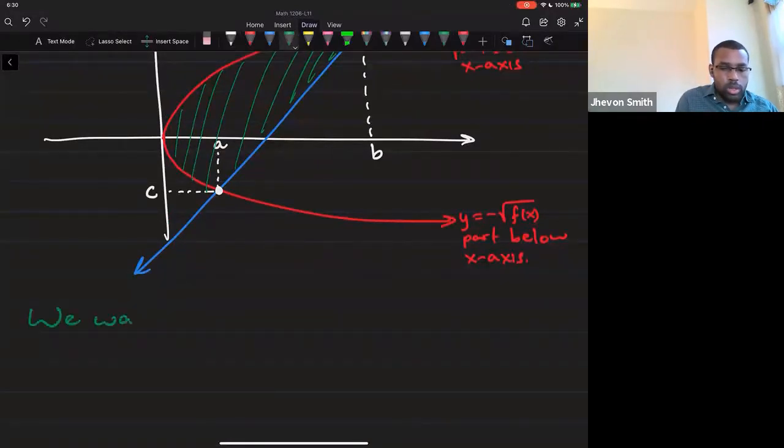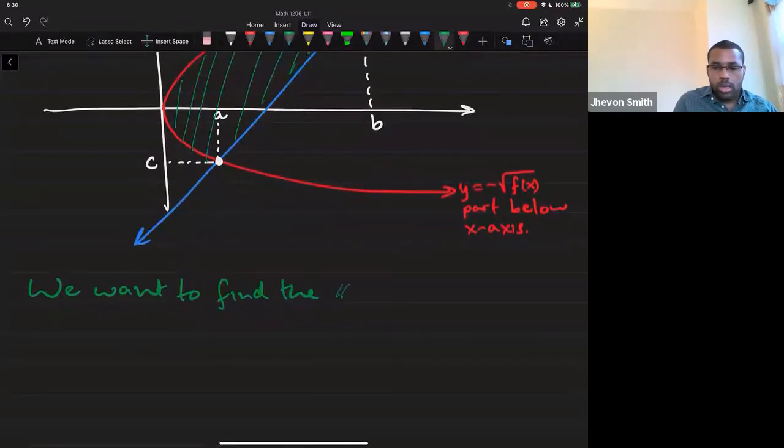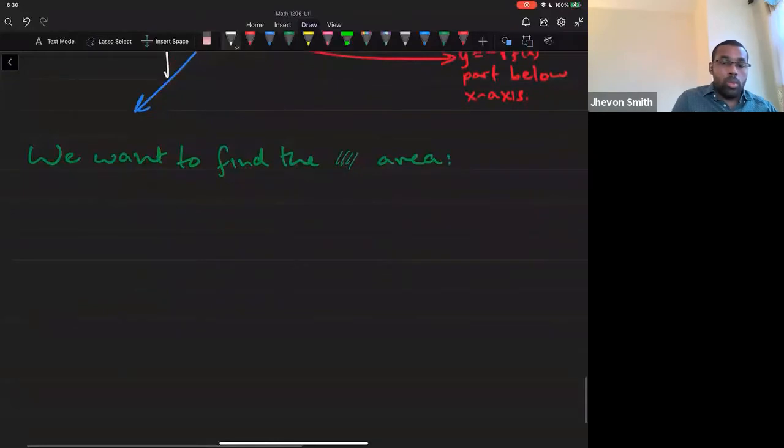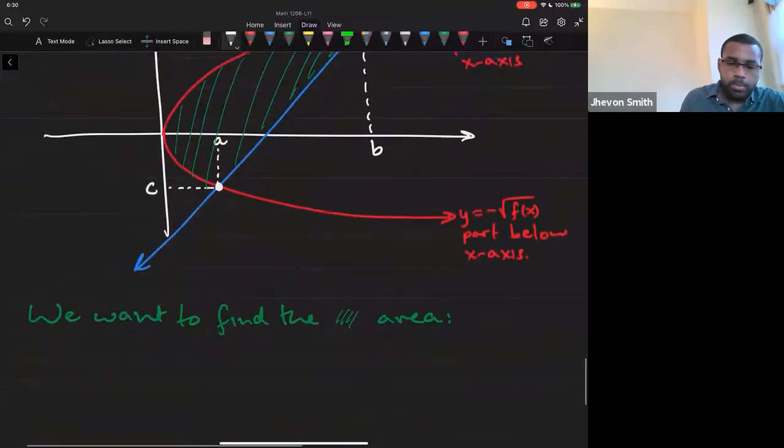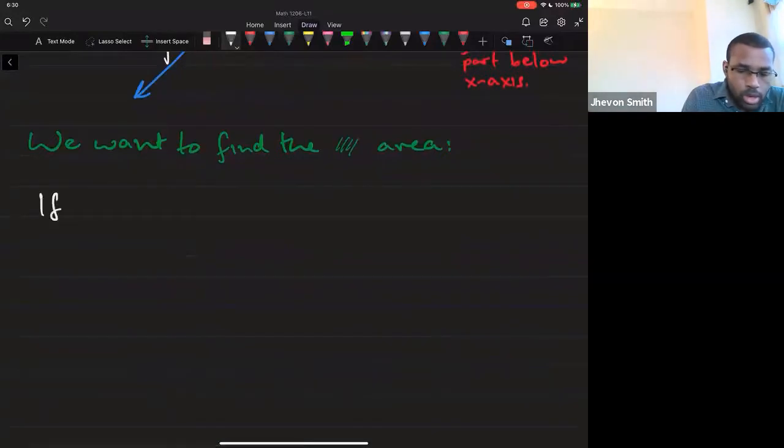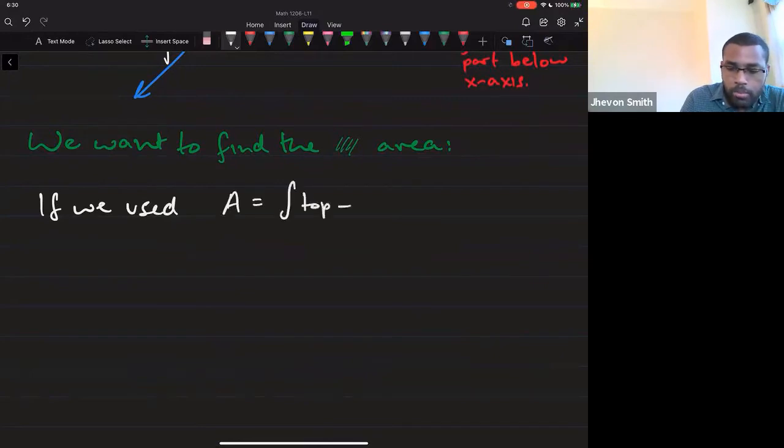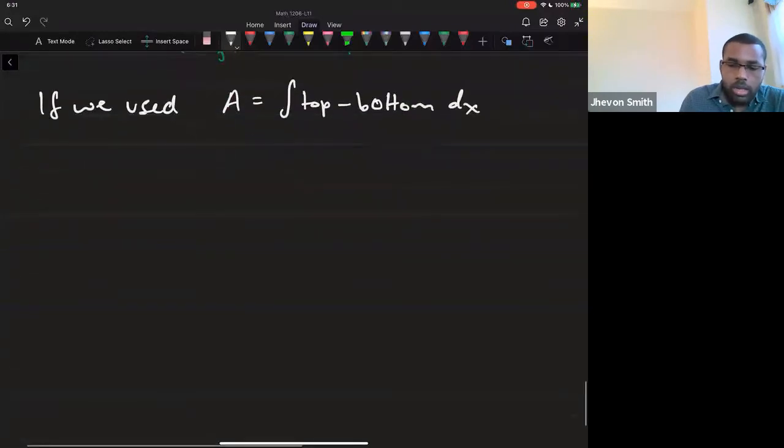We want to find the area. Now, what I want you to realize is that if we used area is the integral of top minus bottom dx, notice what would happen.